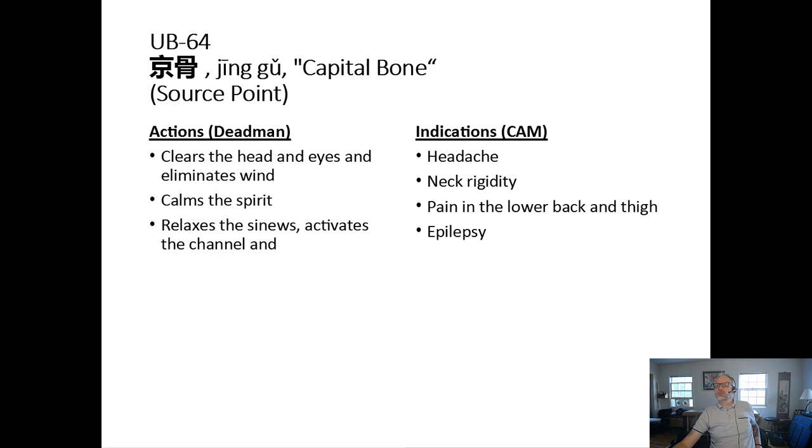This is the source point of the UB channel. And really what you're seeing is everything represented on that channel. So if it's a headache, neck rigidity, pain in the low back and thigh, and then finally the epilepsy. What are the functions of source points?